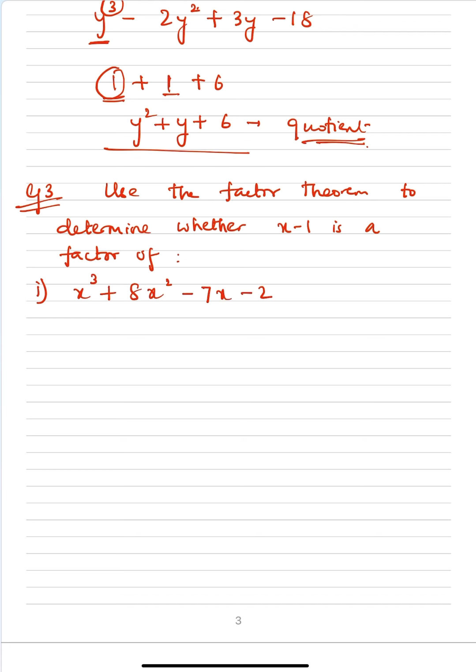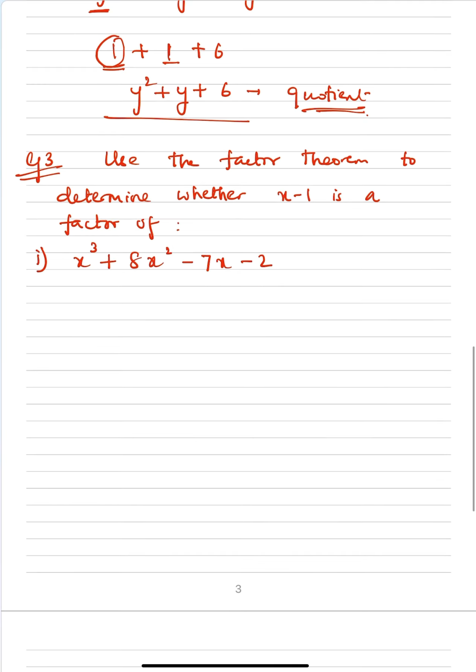First polynomial is this, and the second polynomial we take later on. Now they are saying that we have to check whether x minus 1 is a factor.